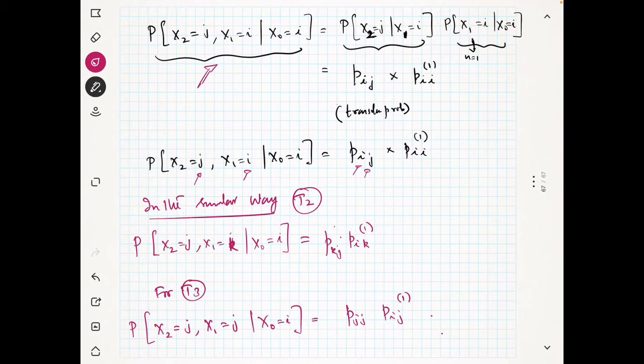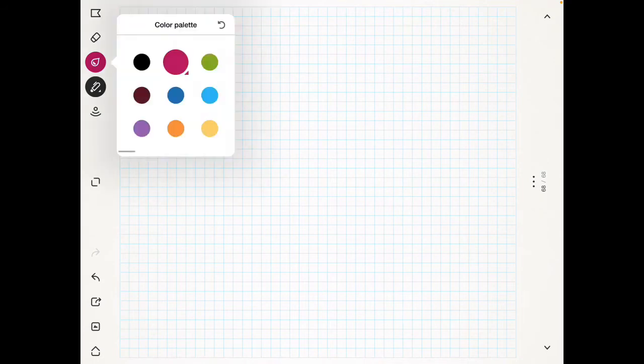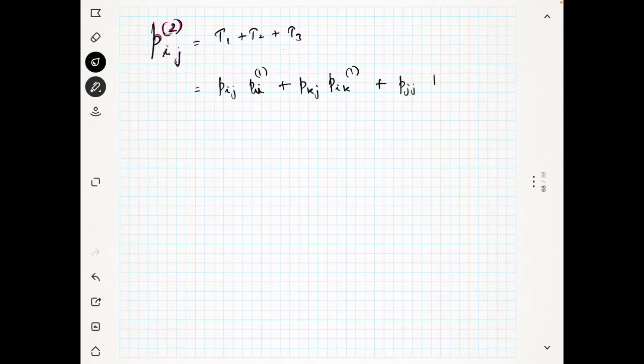So our total probability from i to j in the second time step is nothing but term 1 plus term 2 plus term 3, that is pii of 1 into pij plus pik of 1 into pkj plus pij of 1 into pjj. Okay, this is what we have seen.